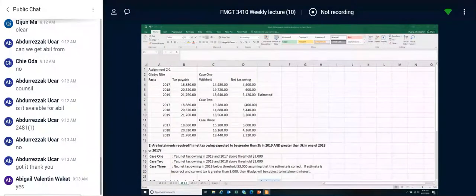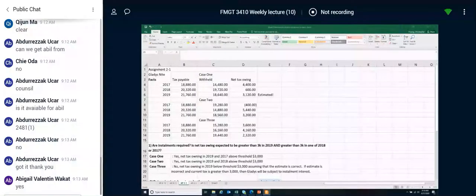So you're dealing with Gladys Knight, and they give you 3 years of information. They tell you her taxes payable in 2017 and 2018, and they tell you what her estimated tax bill is in 2019. And you have 3 cases where you have to answer the question.